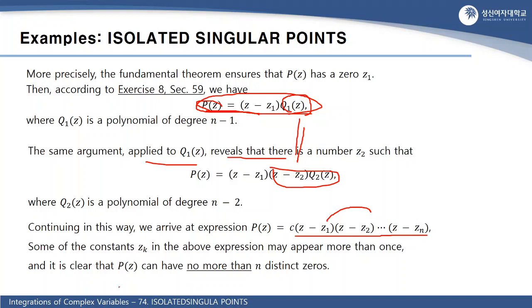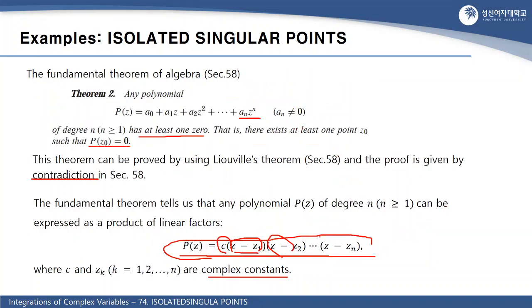However, it is clear that p of z can have no more than n distinct zeros. Yeah, we get this from this factorization here.